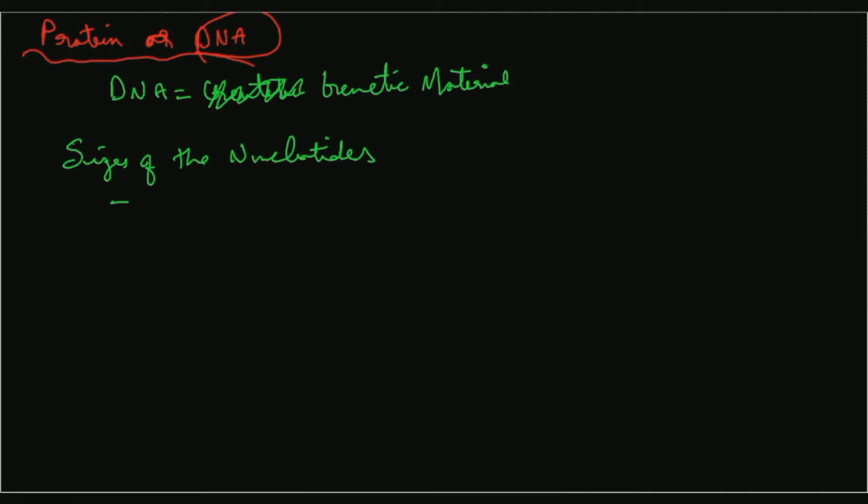Now, what actually helped them the most is a discovery by Chargaff. I don't know if that's exactly how you spell it, but you get the point. So what he figured out was the ratios of the 4 types of nucleotides.